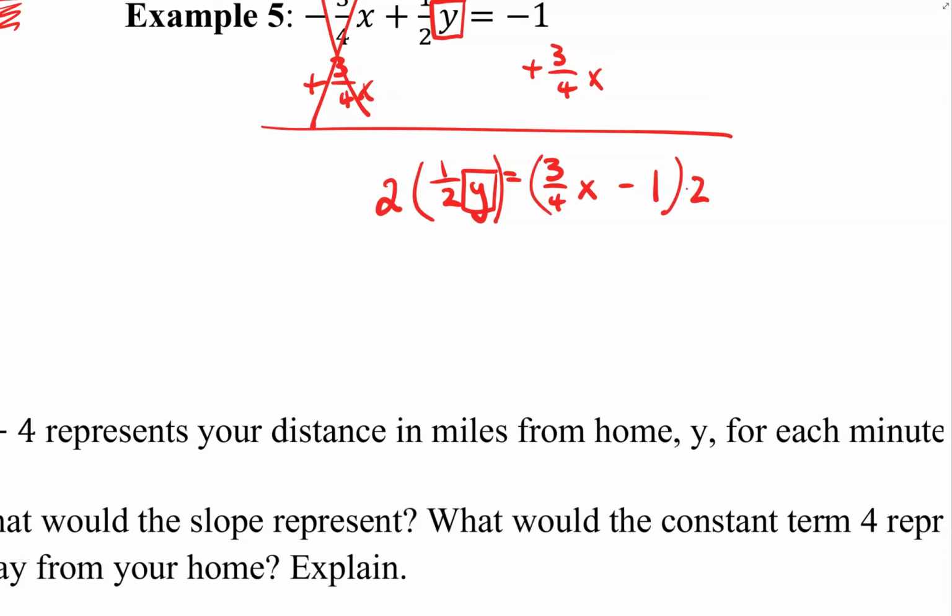So I'm just going to make a note here that I'm multiplying both sides by 2. The 2 times 1/2 cancels, and we're left with y equals 2 times 3/4. Well, that becomes 6/4. 2 times 3/4 is 6/4, which would then reduce to 3/2 x, and -1 times 2 is -2.